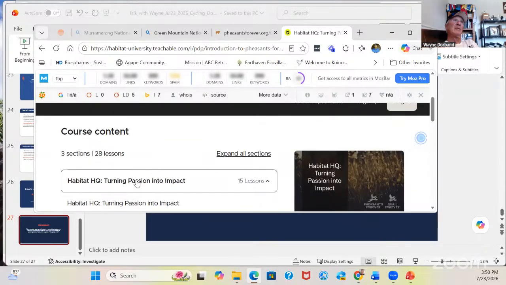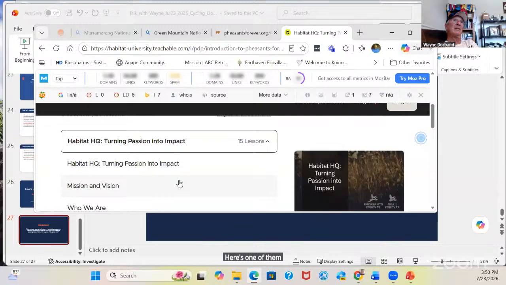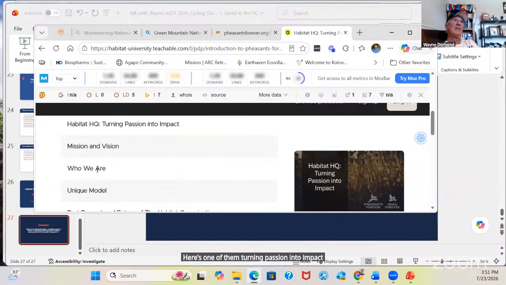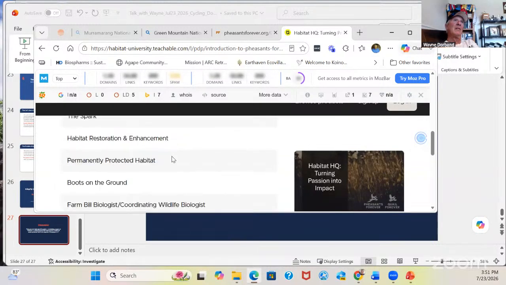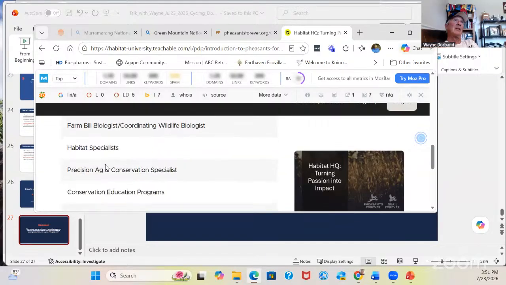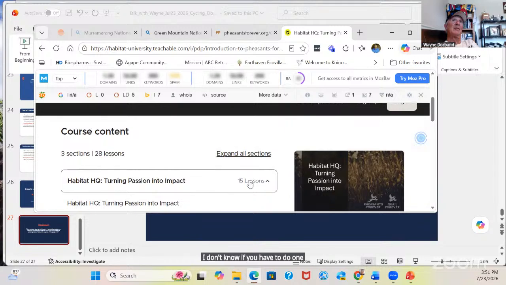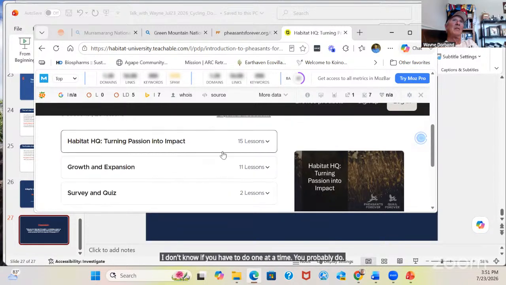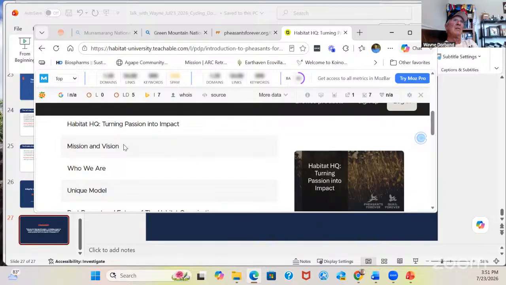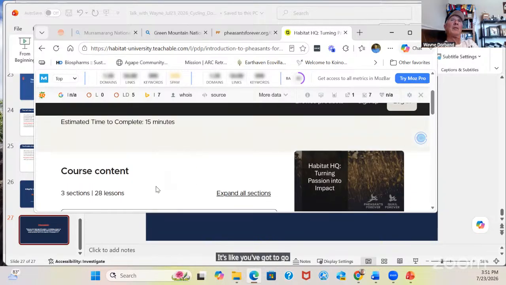Here's one of them, Turning Passion into Impact. There's all the different little sections. I don't know if you have to do one at a time. You probably do. Looks like you've got to go through them in order.